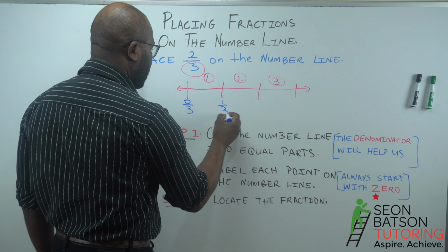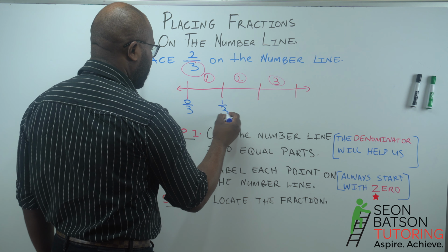Let's try placing, let's say, 4/5. Yeah? Let's place 4/5 on the number line. So let's first draw a number line. And step 1 will be to what? Cut the number line into equal parts. Now remember, the denominator of the fraction that we are placing on the number line will help us.